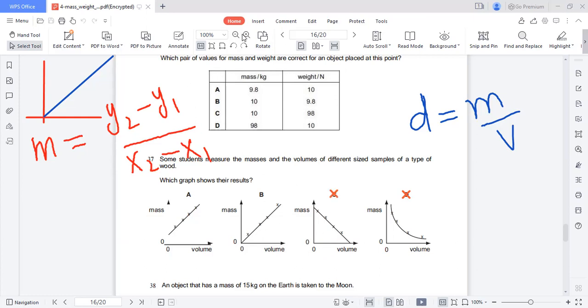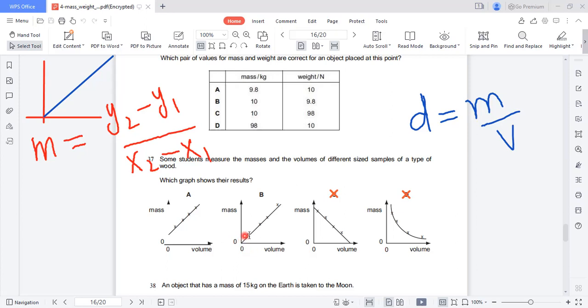And look at option B. It says when your mass is zero, your volume is zero. And when your mass increases, your volume also increases. That is kind of acceptable. But 0 over 0 is not acceptable.